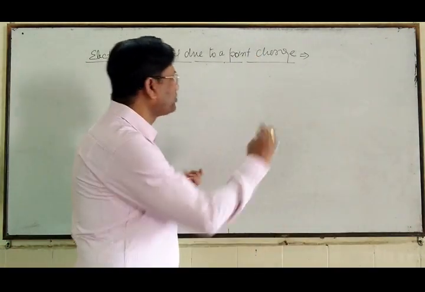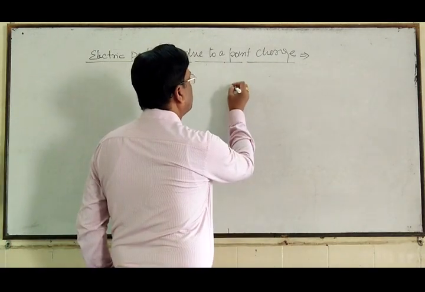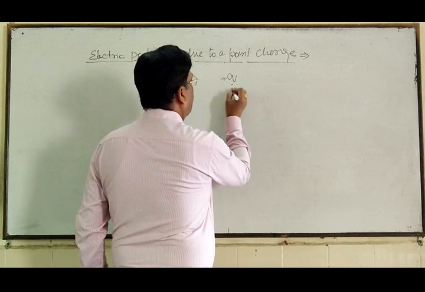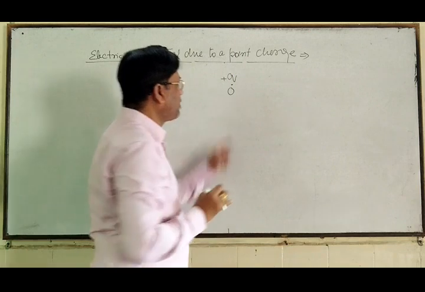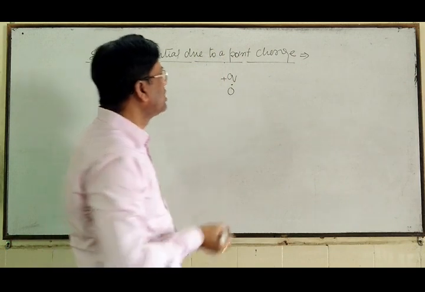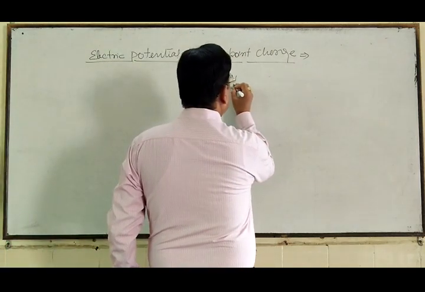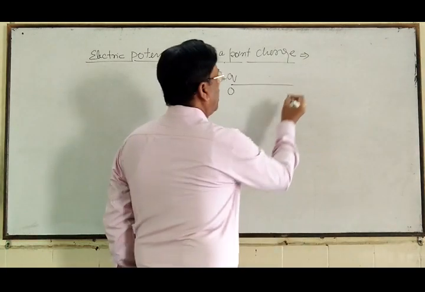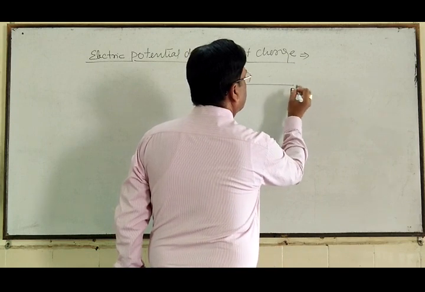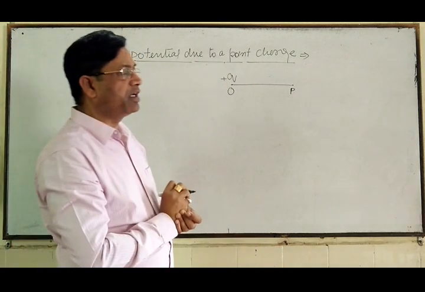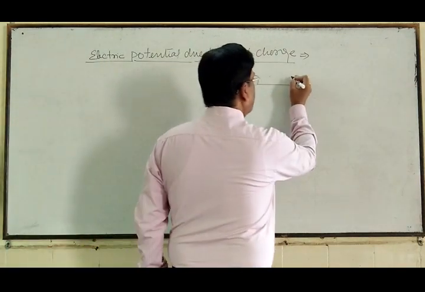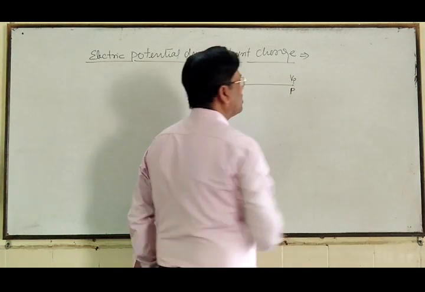For this, just see, consider here this plus Q is a point charge located at a point O. Due to this, there will be an electric field pointing outward, and let us consider P is a point here where we want to find out the electric potential. Our purpose is to find Vp.